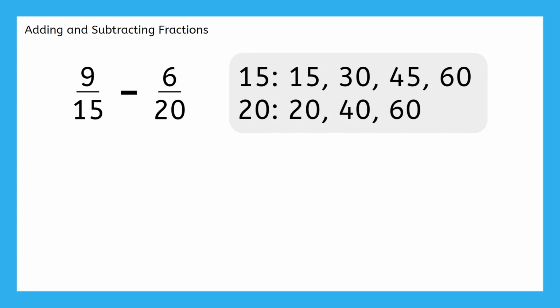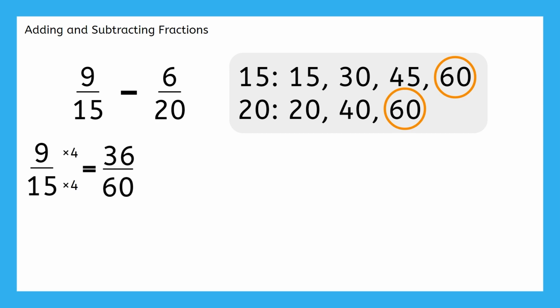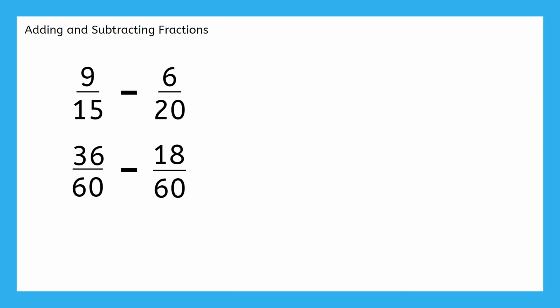Based on the multiples of 15 and 20, their LCM is 60. So 60 is a common denominator of these fractions. We can multiply the top and bottom of 9/15 by 4, because 15 times 4 gives us 60. And we can multiply the top and bottom of 6/20 by 3, because 20 times 3 gives us 60. Now we can subtract. 36 over 60 minus 18 over 60 equals 18 over 60.